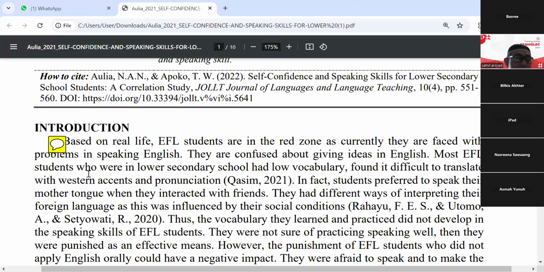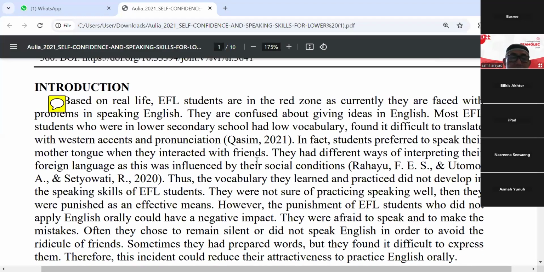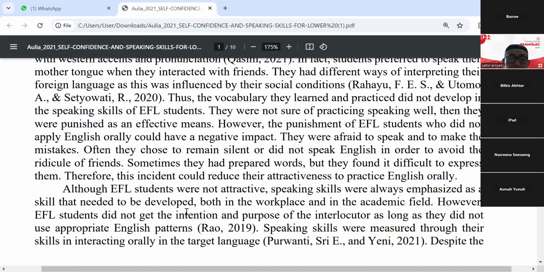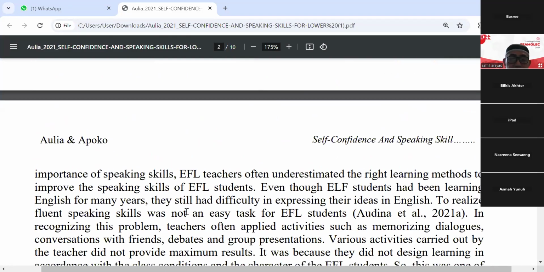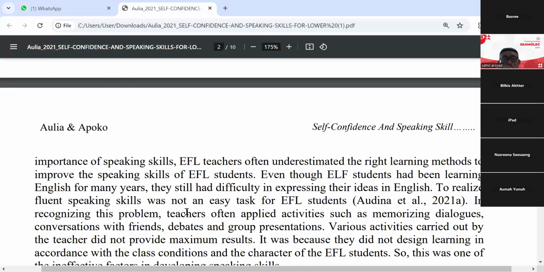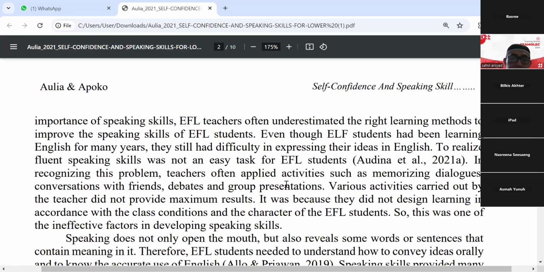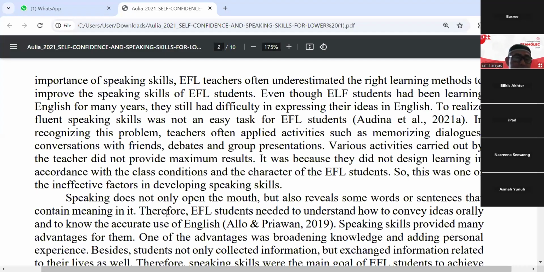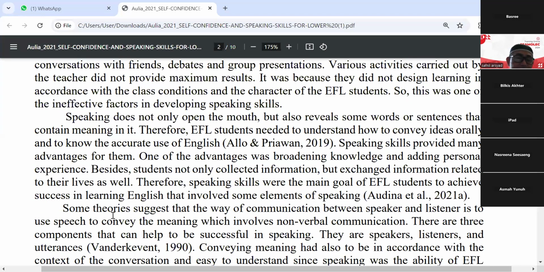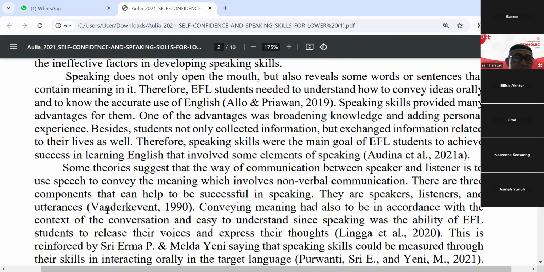The authors discuss confidence in speaking, self-confidence, from the theory point of view, not from the research result point of view. What other people have said about this, not what other people have done, investigated, or studied. That's different. Some theories suggest that the way of communication between speaker and listener is to use speech to convey.